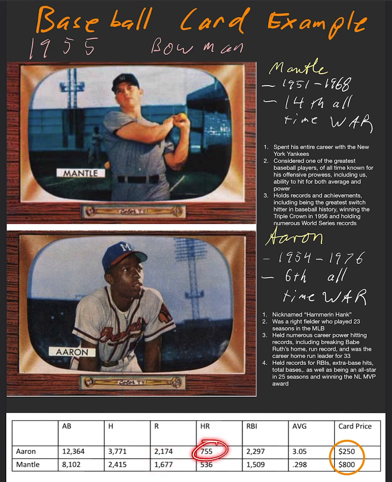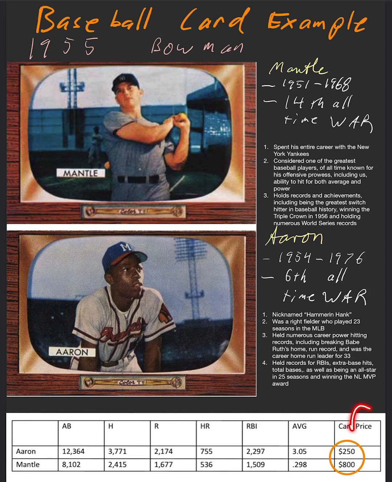Of course, this 755 is a legendary home run number, but of course, 536 is also an impressive number for career home runs. We see that Aaron also had about 700 more RBIs. That's a typo. That should be .305 batting average, but hit for a higher average. All of these things would make us think Aaron is the better player in this situation.